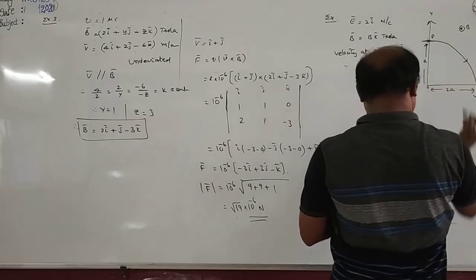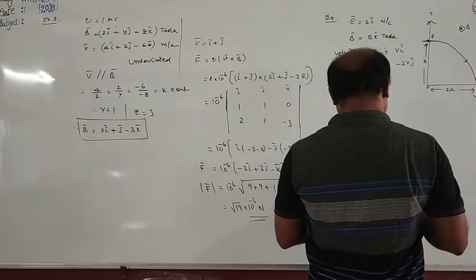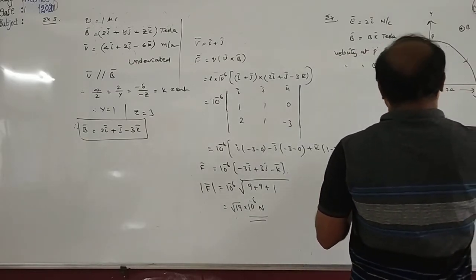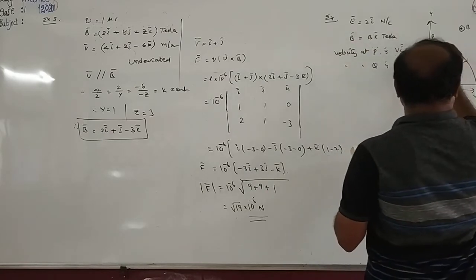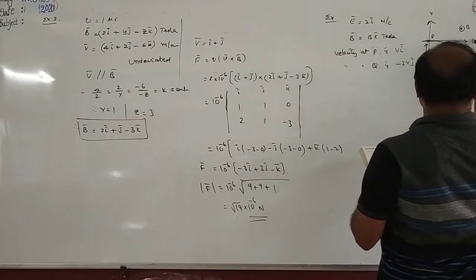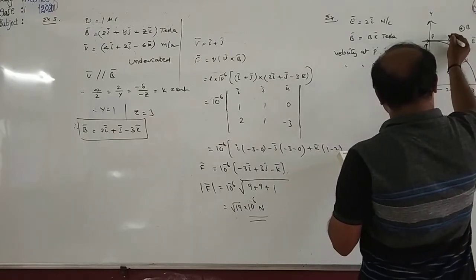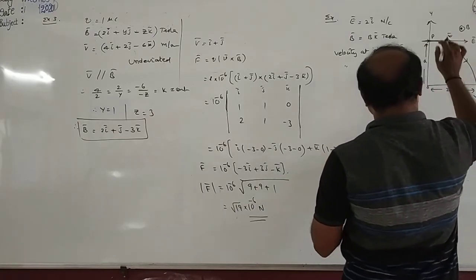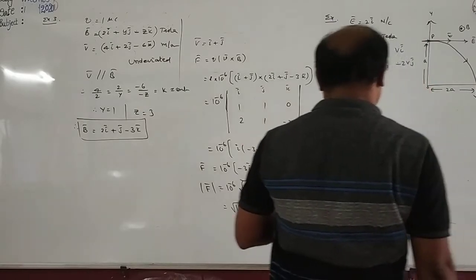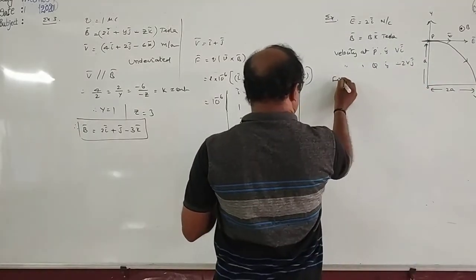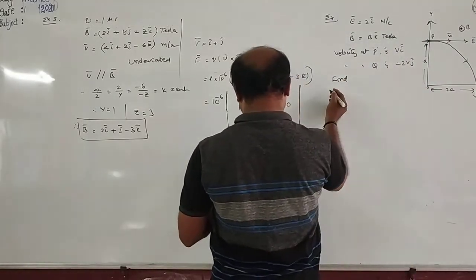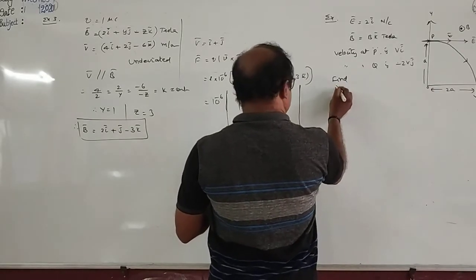Next again, the electric field E is equal to 2i bar. A very important problem. Find first the electric field strength.